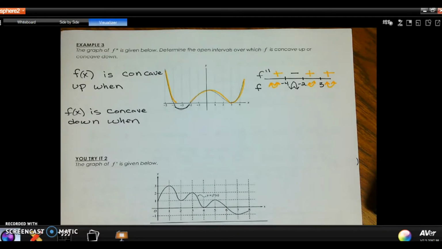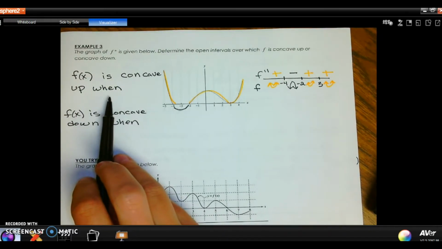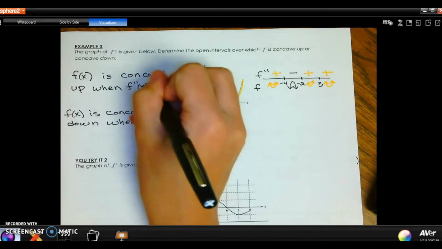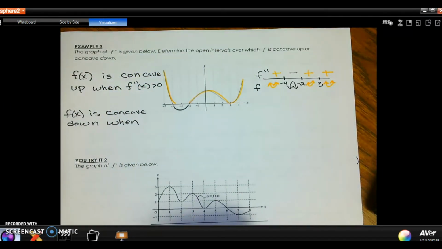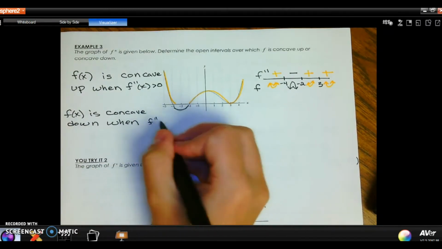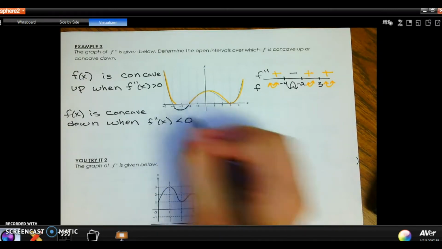So, some conclusions here. We know that f of x is concave up when the second derivative is greater than 0, when it's positive, and it's concave down when the second derivative is less than 0.